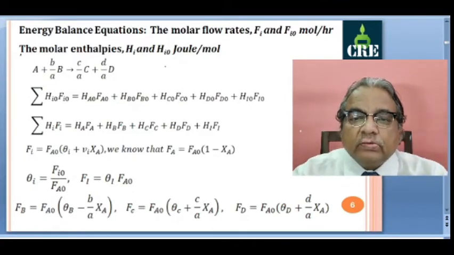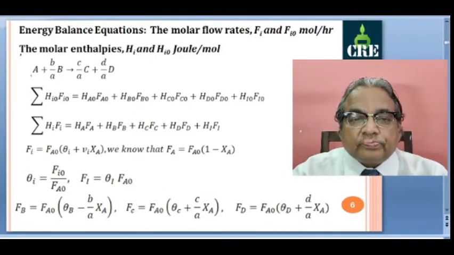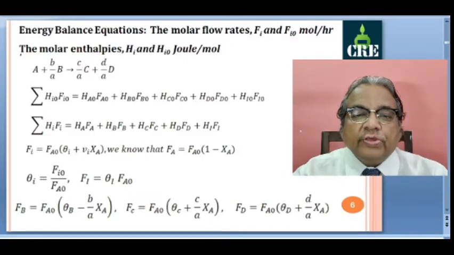So energy per unit time. If we consider a moles of A plus b moles of B giving c moles of C and d moles of D, and divide throughout by the stoichiometric coefficient small a of the reactant A, we can write it as A plus b by a into B, giving you c by a into C plus d by a into D.